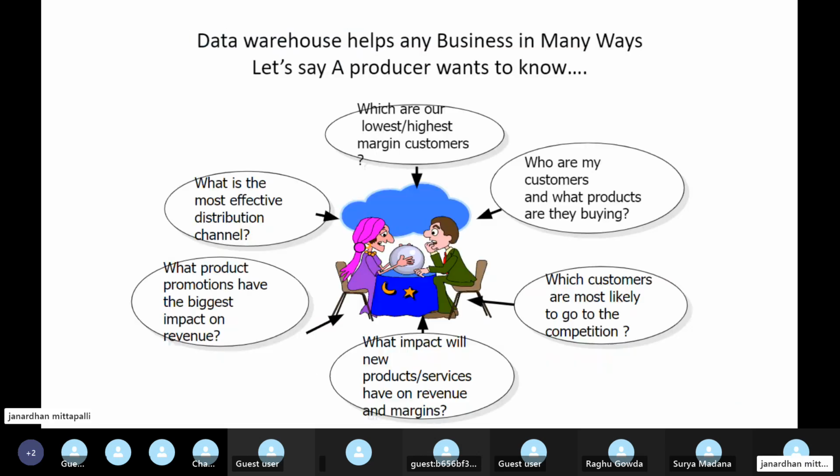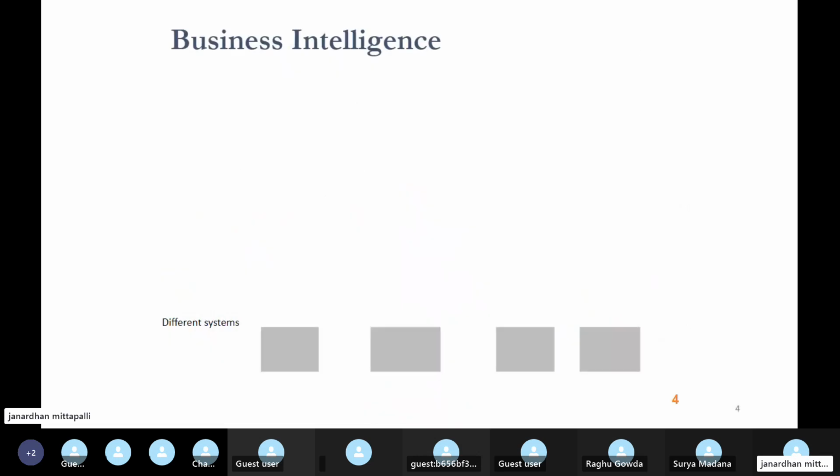I'll explain the difference between database and data warehouse also, and just see some examples of the data process from users to the reporting development area, and then how we are publishing our reports to the users. So just see the complete data life cycle.